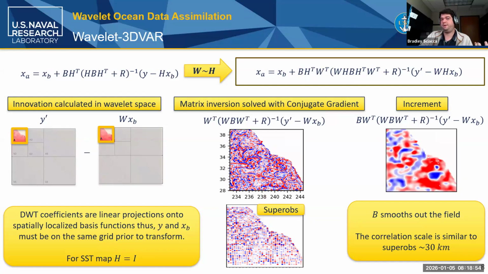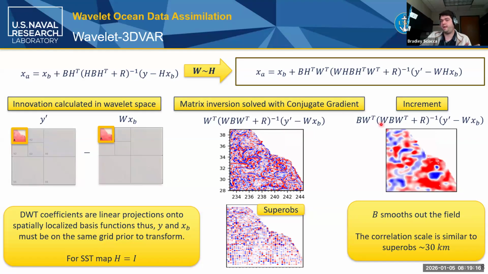So that's the images here. And you can see compared to superobs, which have a lot of sparse data, just those points, the wavelet at this point in time has this kind of spatially spread out information, and it still has a lot of details in it. So that's a comparison of these two at a similar point in time of solving for the increment.